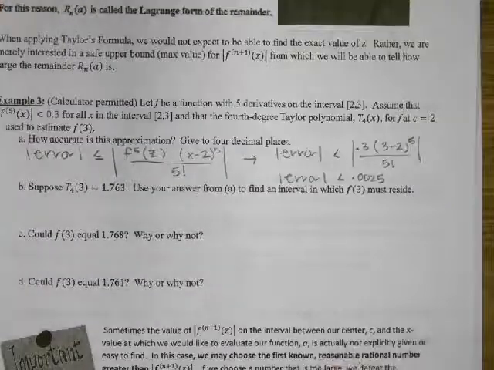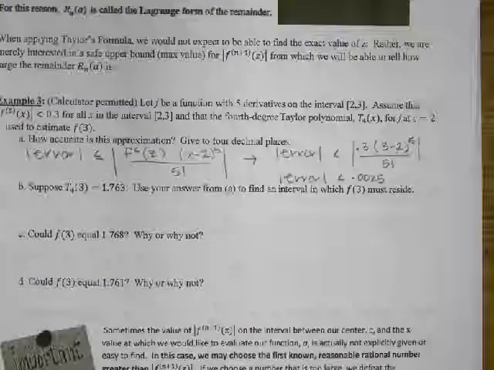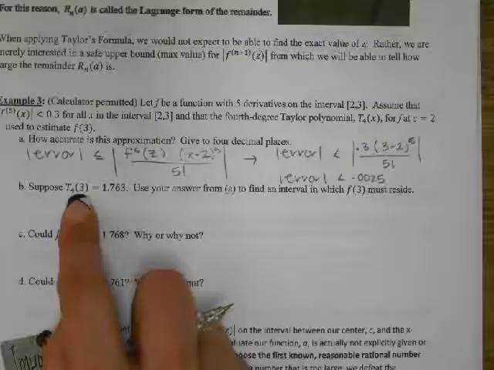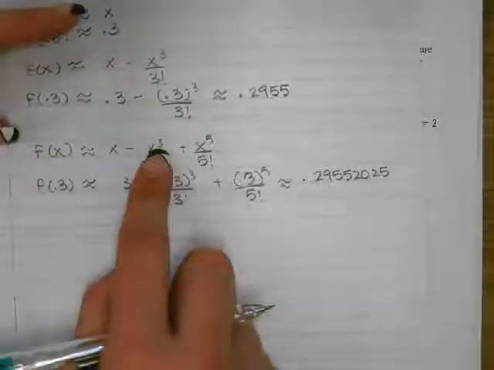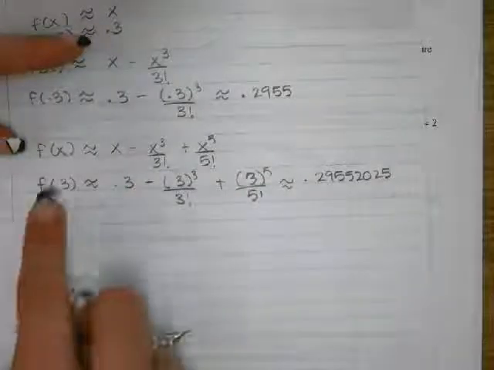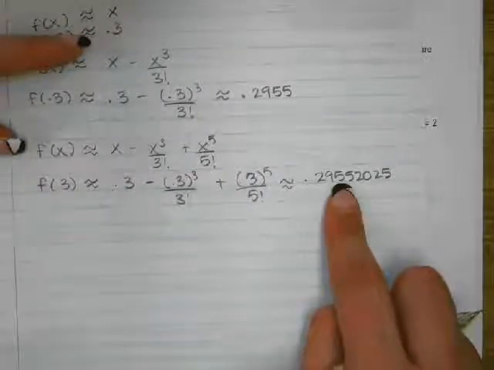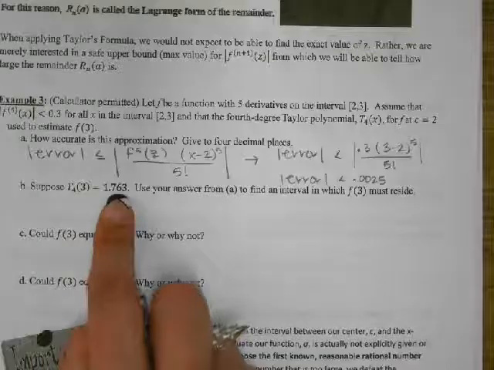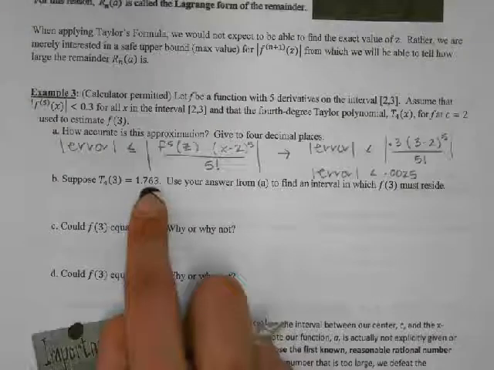Okay. So now they're saying, all right, suppose you take your polynomial with 4 terms. So suppose you're taking this one right here, only let's pretend there's one more term. And you plug in the number and then you get some sort of answer. They're saying this is the answer that you're getting. Now take your error up here.